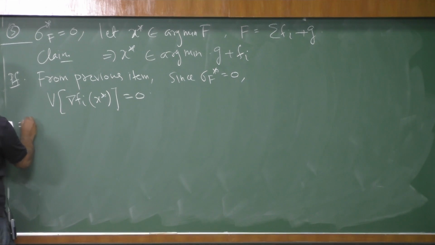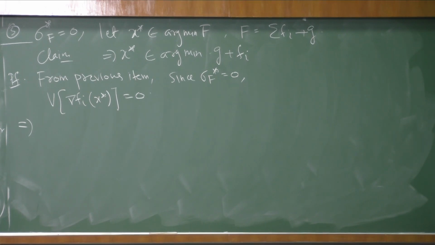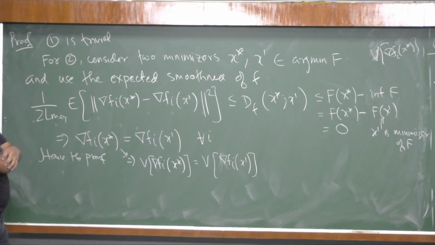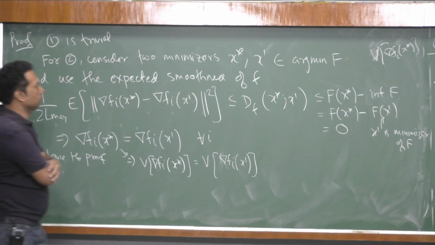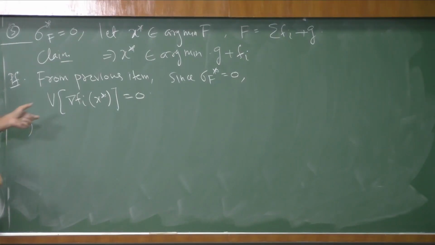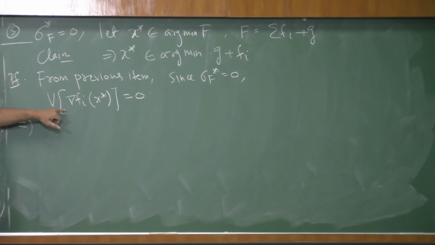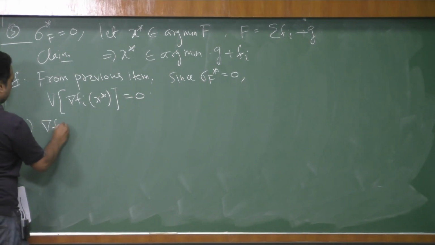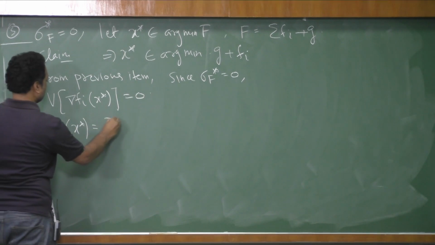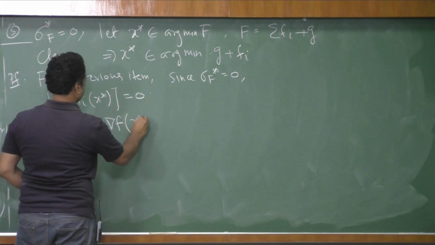So this implies that not just equal, they will also be equal to the gradient itself, the full gradient, because each of these grad fi are the same. So if the variance of grad fi is 0, then the conclusion is that each is equal to grad f x star.